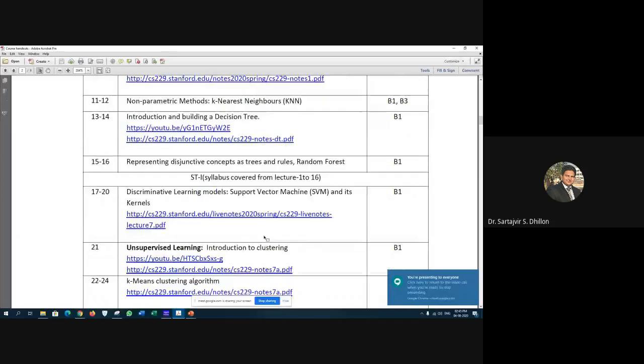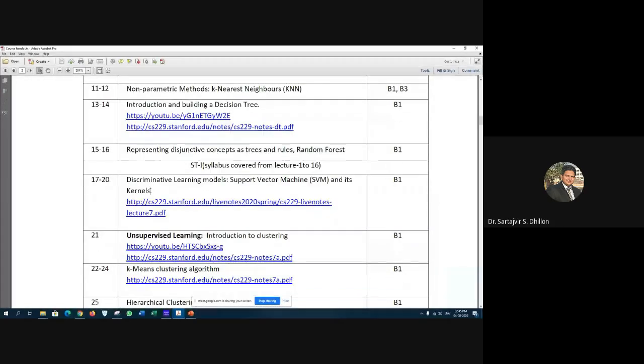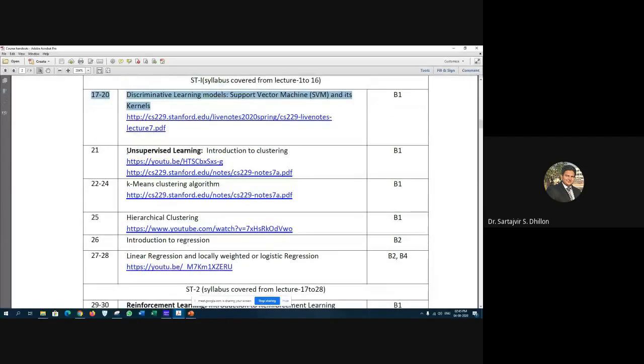Currently in ST1 we have covered till the 20th lecture, and in the previous week we did three parts. The first was an introduction to unsupervised learning, the second was k-means clustering, and the third was hierarchical clustering.